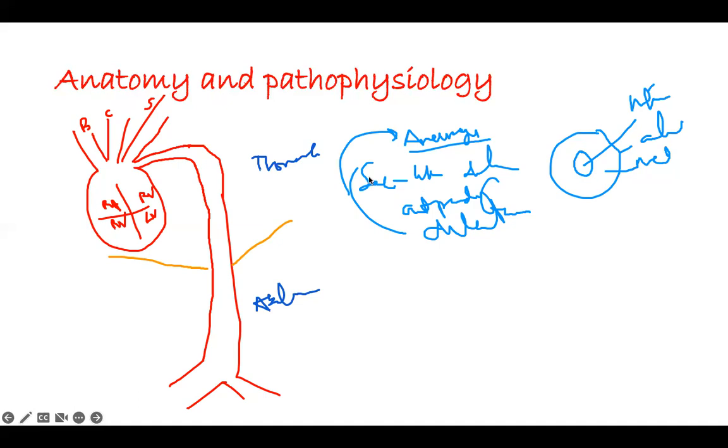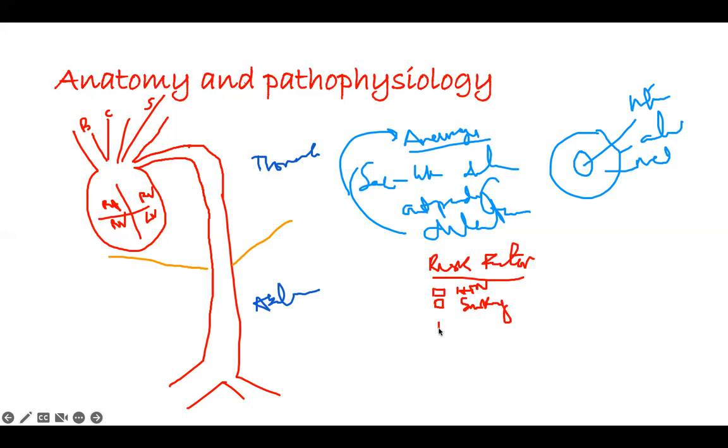I will explain what the risk factors are. When there's too much pressure, systemic vascular resistance, it affects the vessels, and then that causes a dilatation. Smoking is another risk factor.